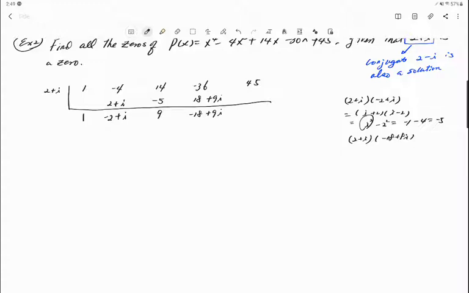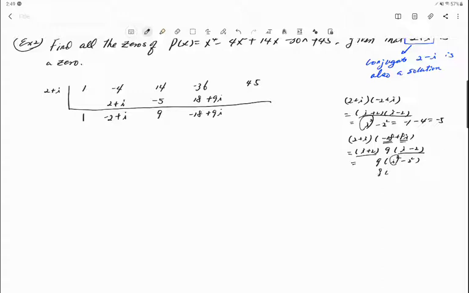Let's interchange the sides, so this time it will be much easier. Factor out 9 and interchange these two terms: i minus 2. Isn't it a difference of squares, same thing as before? So it will be 9 times i squared minus 2 squared.